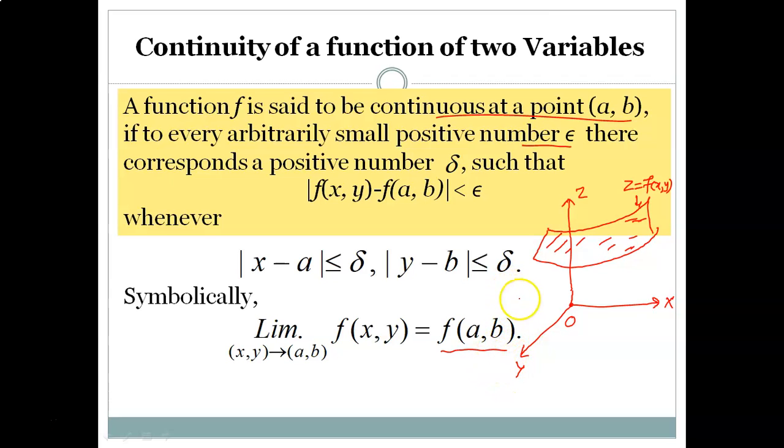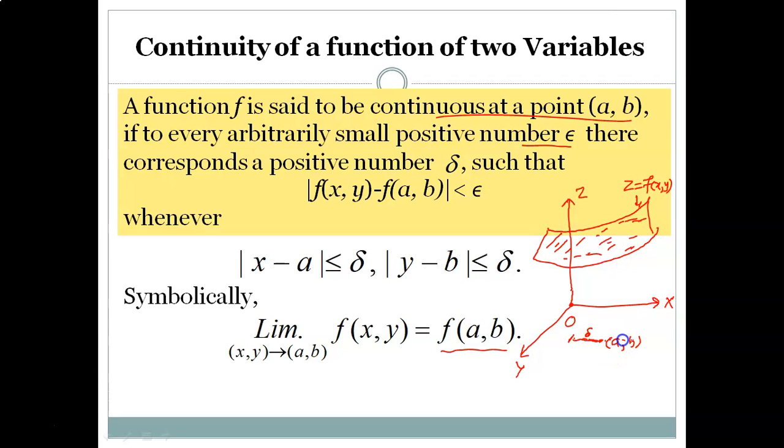Now you want to check the continuity of this function, this surface, at the point (a, b). The point (a, b) is in the xy plane, suppose here. Let me take a line parallel to the x-axis. I am extending here, and let the distance be delta.